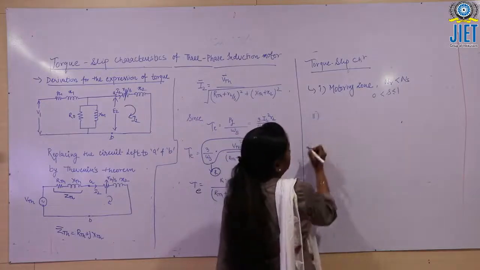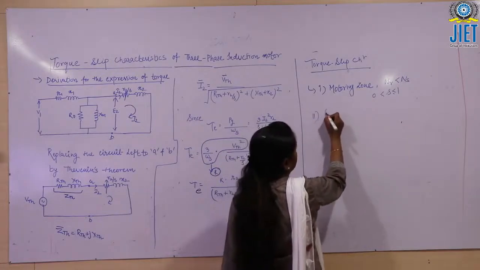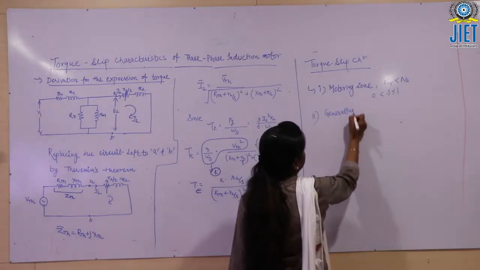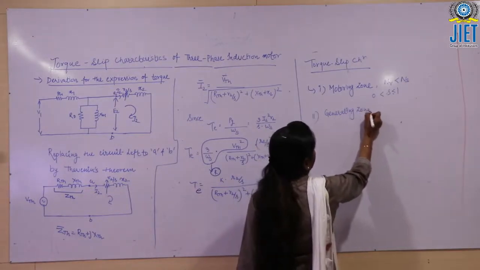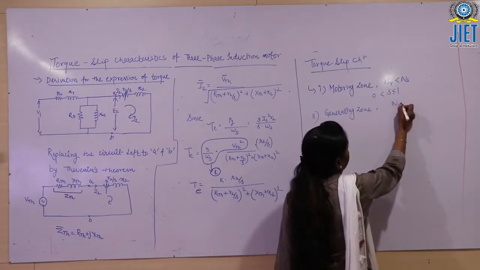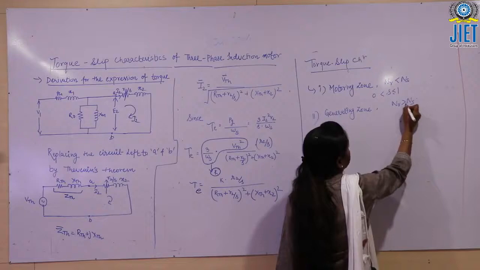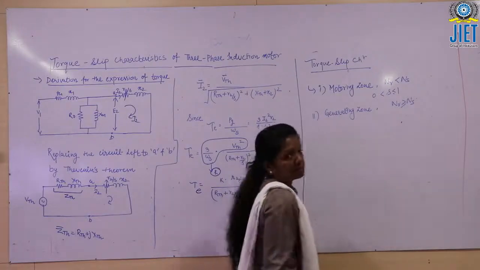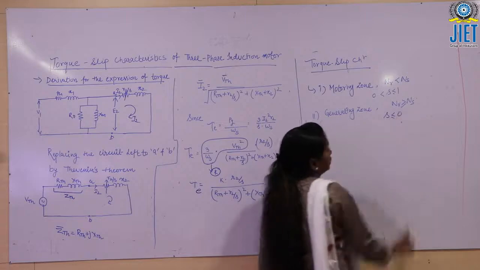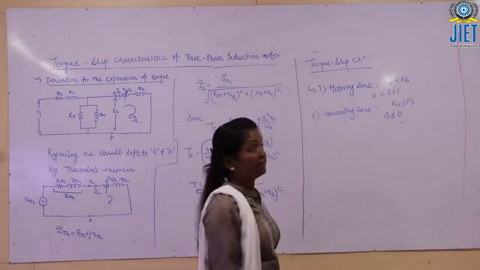The second zone of the characteristic is the generating zone. In this generating zone, the NR becomes more than or equal to NS, and therefore the slip becomes less than or equal to 0, or the slip becomes negative.